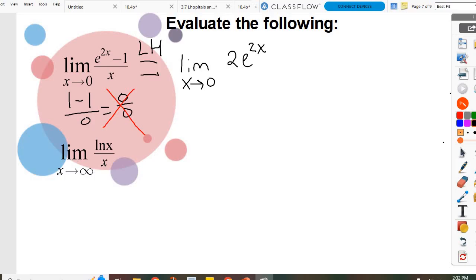So we just end up with an e to the 2x on top. What's the derivative of x? 1. So now if we directly substitute, e to the 0 is still 1, right? 2 times 1 is 2, divided by 1 just gives us 2.